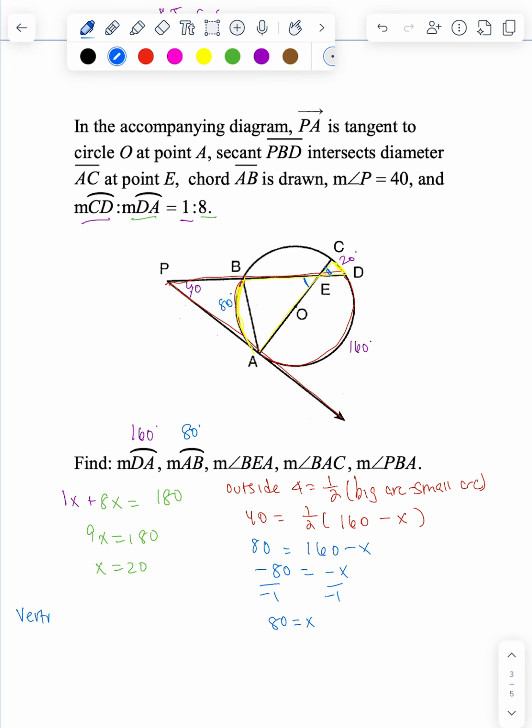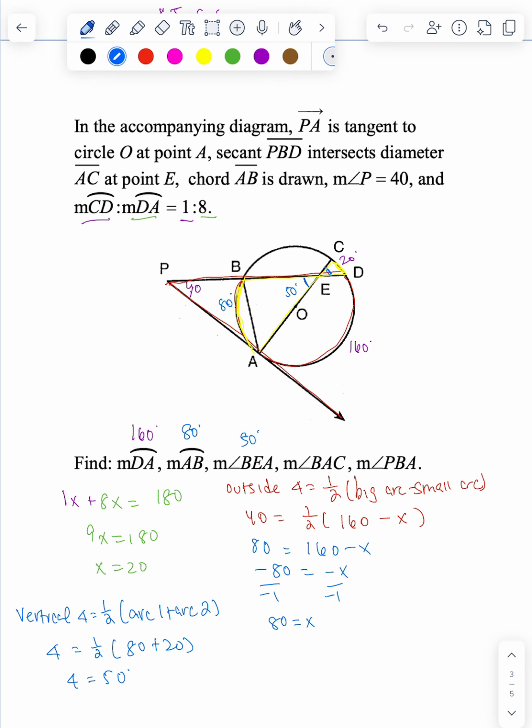So the vertical angle, the angles inside the circle, are half the sum of the intercepted arcs. When it's outside, it's half the difference. When it's inside, it's half the sum. So the vertical angle is half of 80 plus 20. And that would be 50 degrees for the vertical angles.